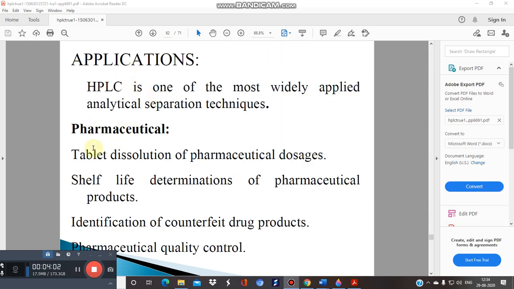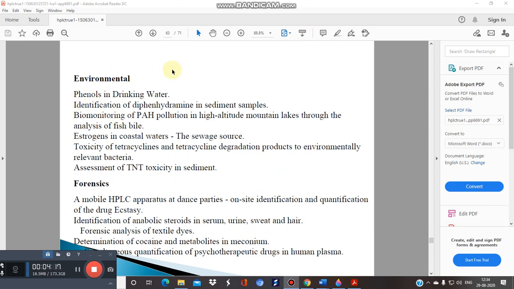It has applications in the pharmaceutical industry for tablet dissolution studies of different pharmaceutical dosage forms, shelf-life determination of pharmaceutical products, identification of different types of compounds including natural products, and pharmaceutical quality control. Then in environmental sciences, it is used in detection of phenols in drinking water. It is widely used in identification of different types of drugs like diphenhydramine in sediment samples. It is used in the biomonitoring of air pollution also.